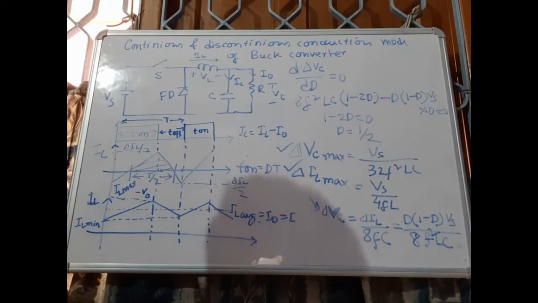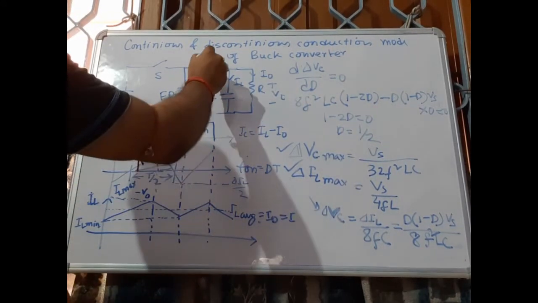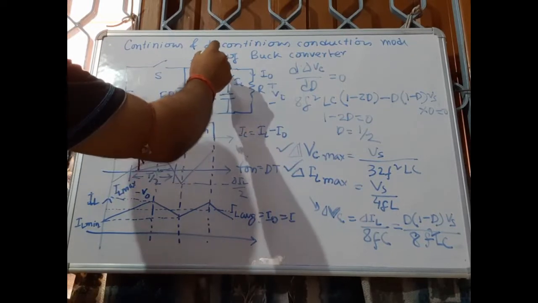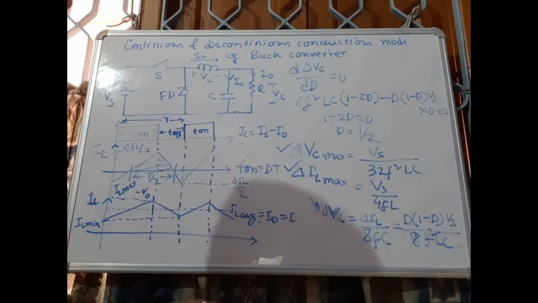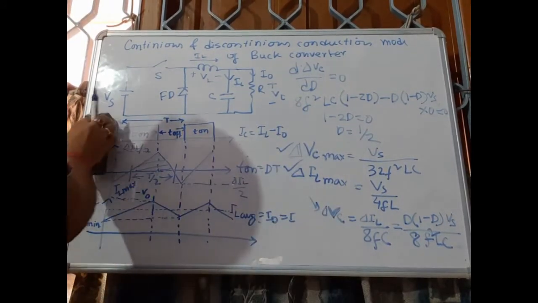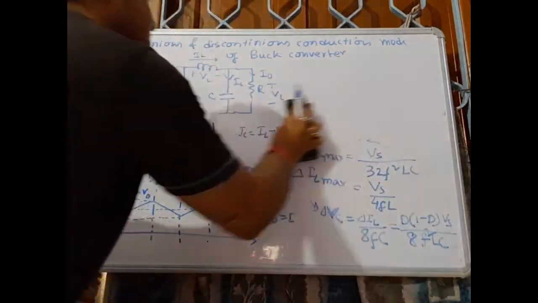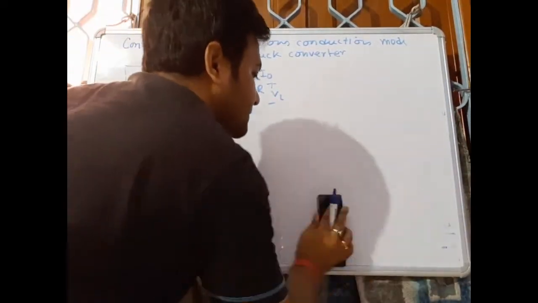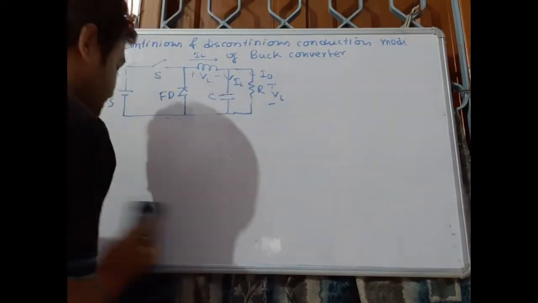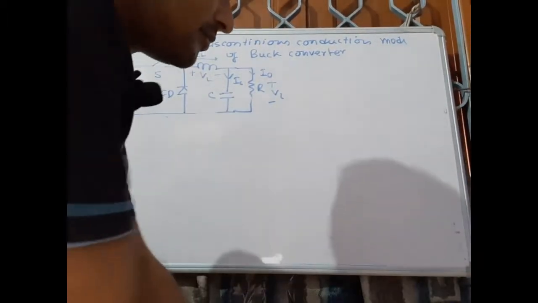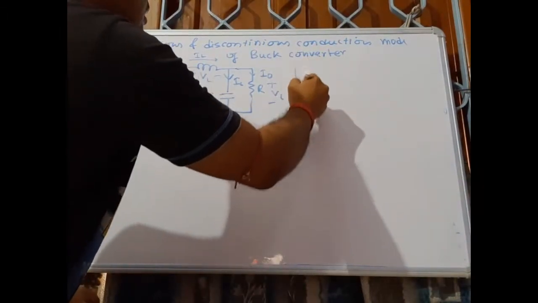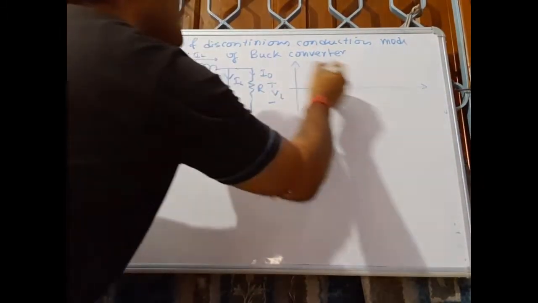Now I want to calculate the critical inductor and critical capacitor, that is, the minimum value of inductor and capacitor. For this I need to erase this part. Now what is the plot of IL?